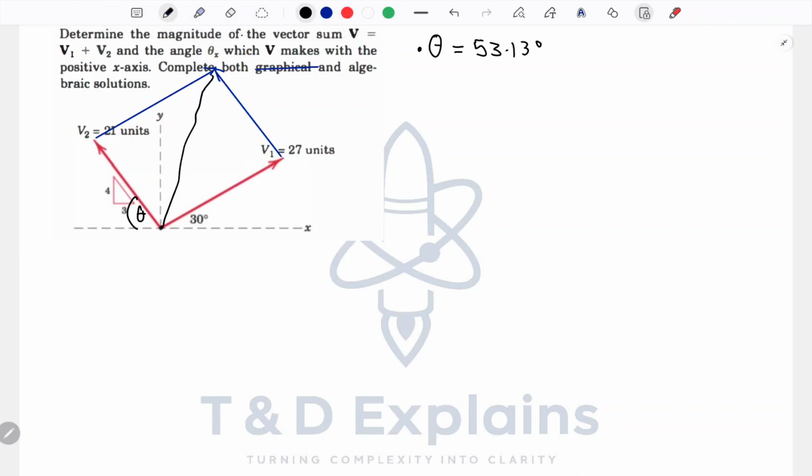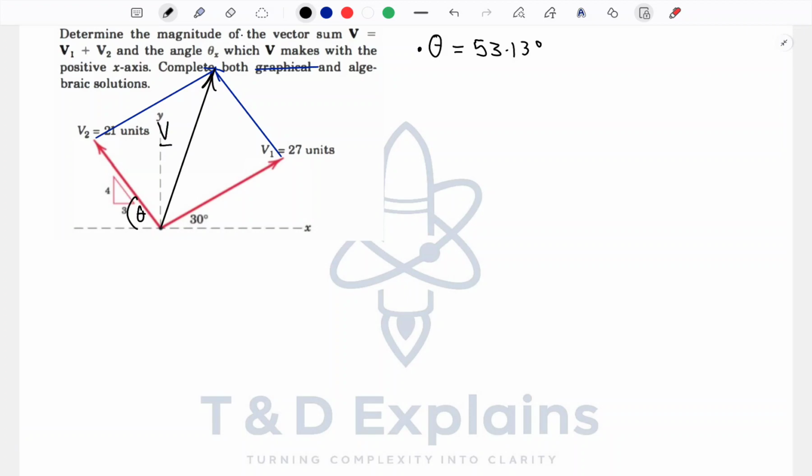We said that the resultant is the vector that goes to the opposite side. This is v, which is equivalent to v1 plus v2. Now to do this, you can resolve the vectors v1 and v2 into their respective components. From there you can sum the components, say v1x plus v2x. Then you get your y components, you add the y components. That's another way of doing it.